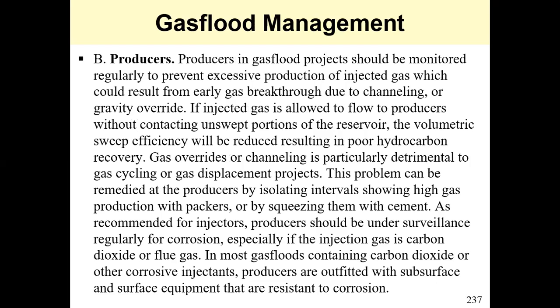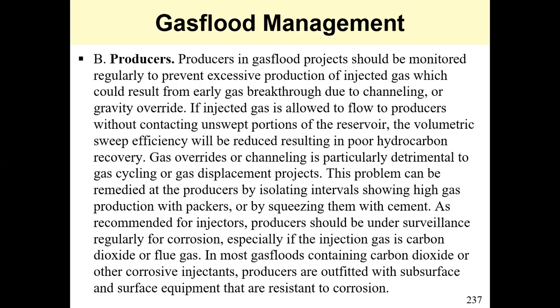Also, you need to monitor your producers for gas override and channeling, and there are some analytical techniques and, of course, numerical tools for doing this. If injected gas is allowed to flow to producers without contacting unswept portions, then the volumetric sweep efficiency will be quite low.